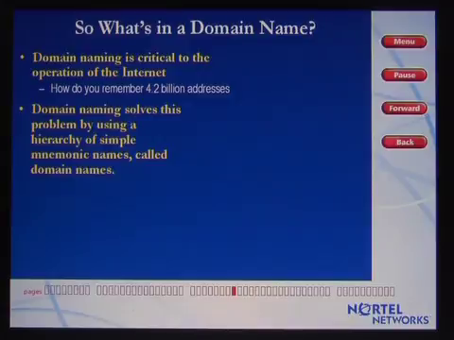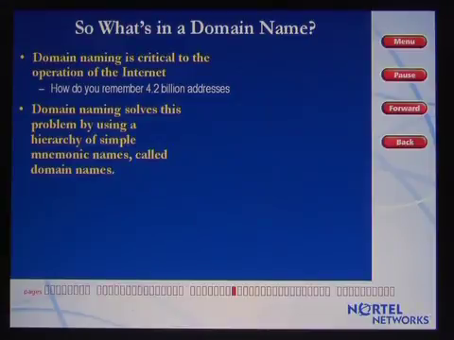The telephone company solves this problem with lots of large paper directories, and operators you call and ask about numbers not in your directory. The Internet answer is a hierarchy of simple mnemonic names, called domain names. Instead of remembering an IP address like 205.216.138.22, all you need to know is the host's domain name, e.g. sirius-uk.com.